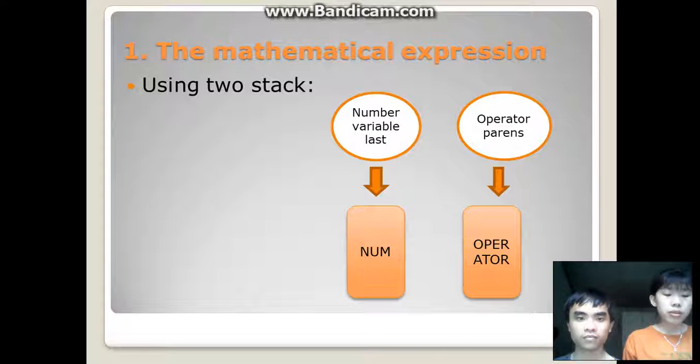The algorithm of the mathematical expression uses two stacks, one stack for numbers and one stack for operators and parentheses. I loop to read the input string while the operator stack is not empty. I have four steps to calculate.